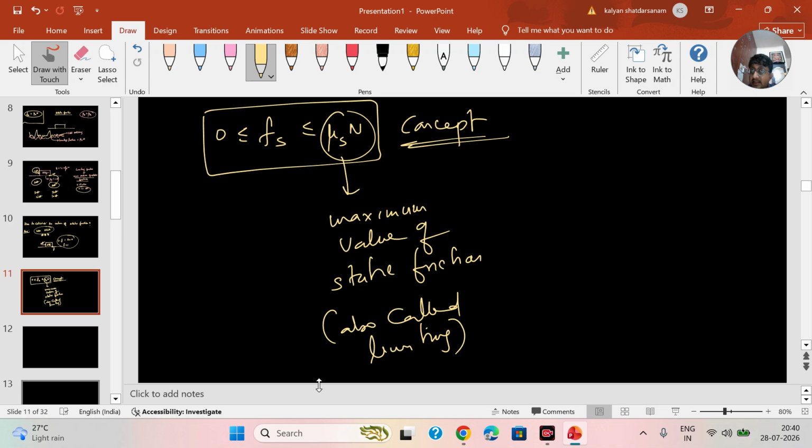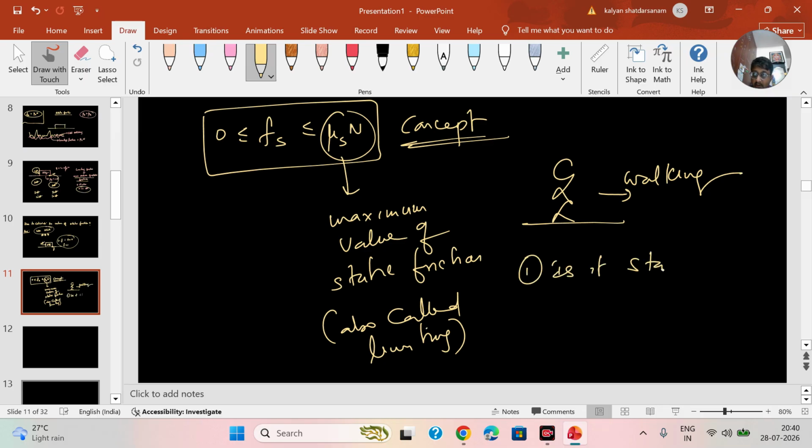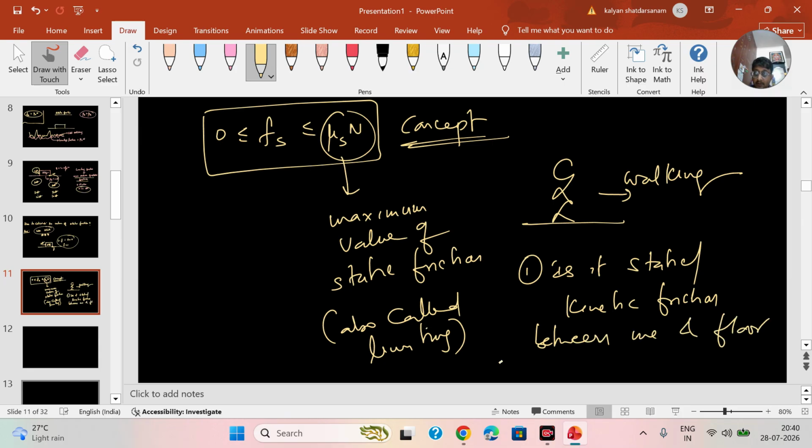Second, what is the direction of the frictional force on my foot? Can you tell me these two bits?